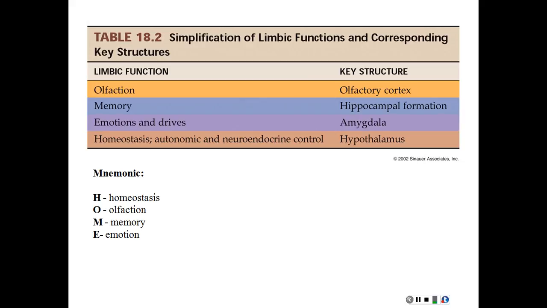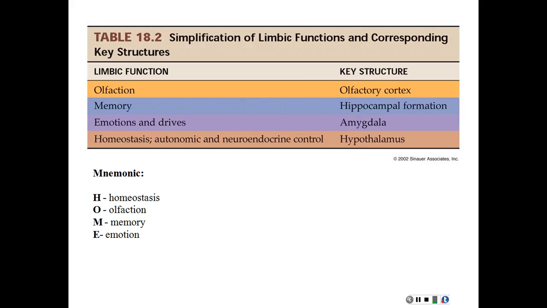The hippocampus is where we store memory. Emotions and drive, it's the amygdala. And certainly there are going to be psychiatric conditions you will come across where drives are absolutely out of kilter, and it probably has a lot to do with the amygdala.